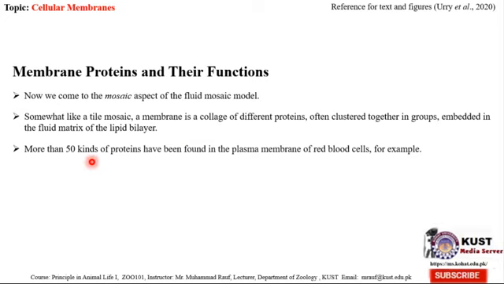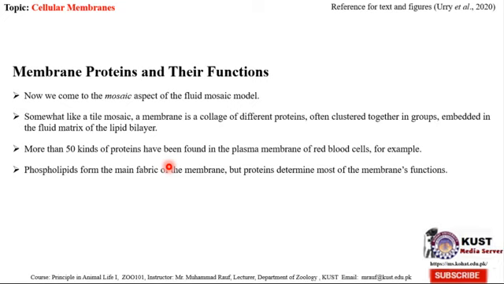More than 50 kinds of proteins have been found in the plasma membrane of RBCs. For example, phospholipids form the main fabric, but proteins determine most of the membrane's function. The membrane function is selective permeability, and this function is performed by proteins.